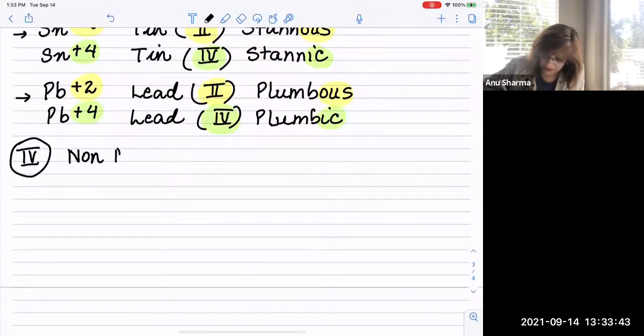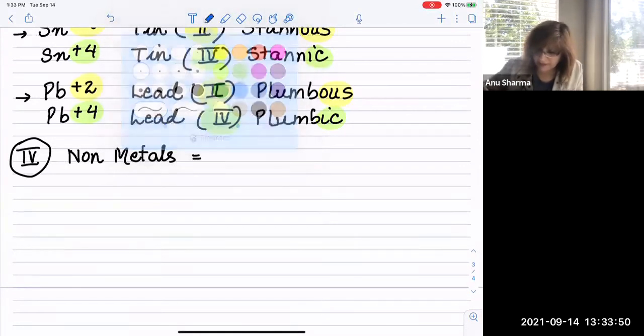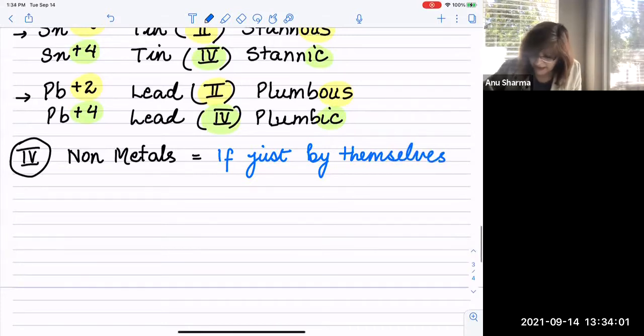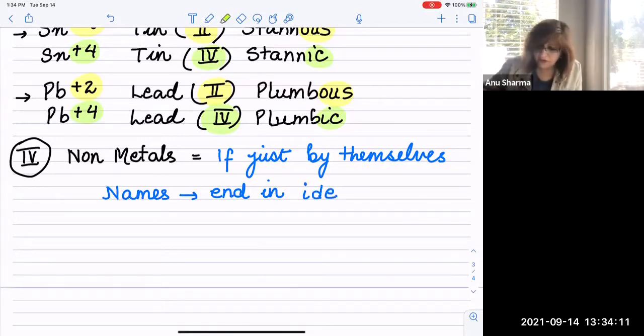Non-metals, if they are just by themselves, then their names end in -ide. Okay, -ide.